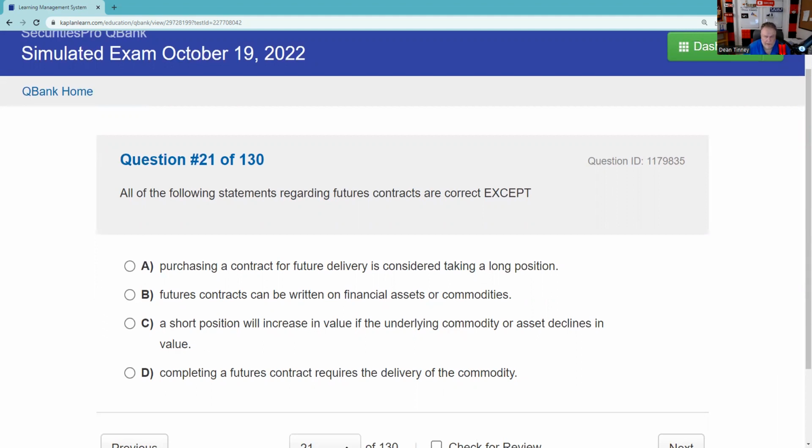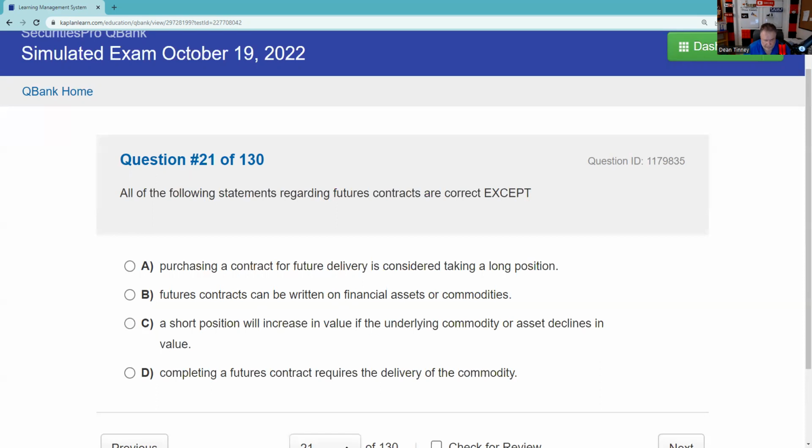All the following statements regarding futures contracts are correct, except. So purchasing a contract for future delivery is considered taking a long position. Yes. The only two positions you have in futures is long futures and short futures. You're either buying the futures or you're selling the futures.